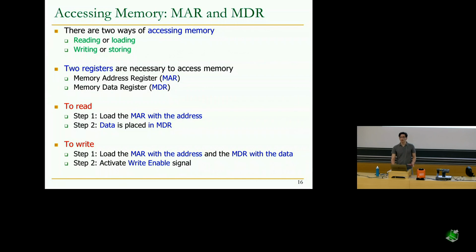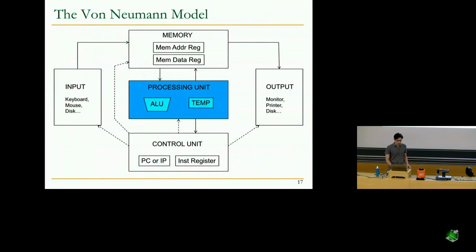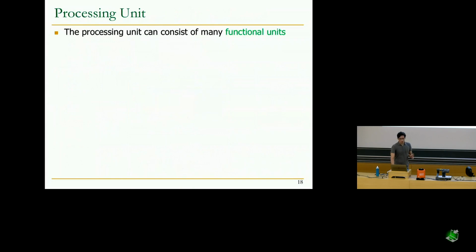Okay, so we are done for now with the memory, and now let's continue with the processing unit. The processing unit can potentially have many different functional units. Actually, current microprocessors have a variety of units that can be like integer units, floating point units, or SIMD for vector processing operations.